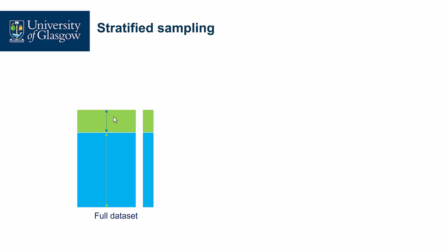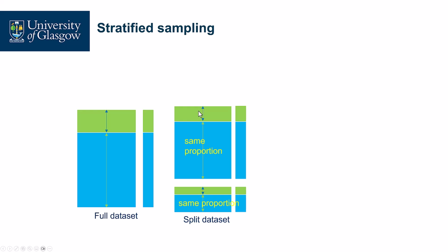To solve this problem, we use a method called stratified sampling. What do we do in stratified sampling? We consider the proportion of the two types of data, and when dividing into the training set and the test set, we use the same proportion. In this way, we can avoid the problem of the test set being too small or too large, which would cause issues for the machine learning algorithm.